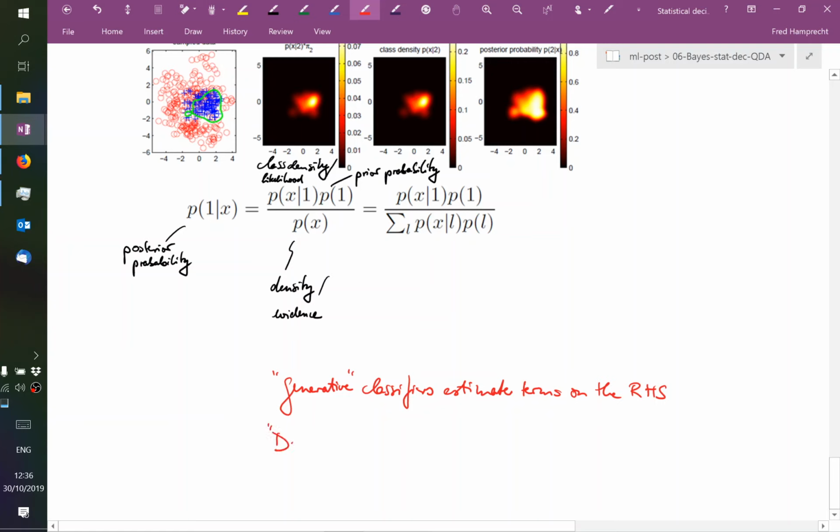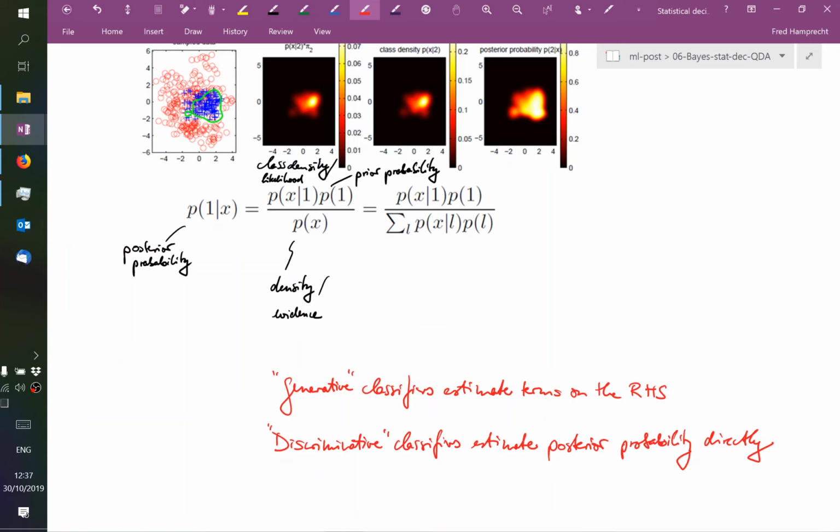And then there are discriminative classifiers, and they directly estimate the posterior probability, without this detour of estimating the class density. Now, there is a certain gray area between the two, but it's a popular distinction.